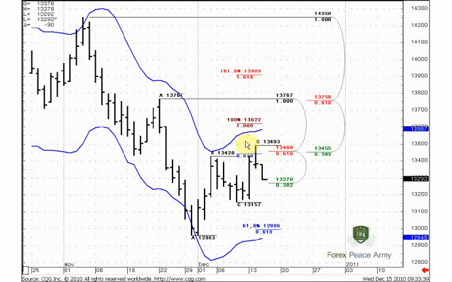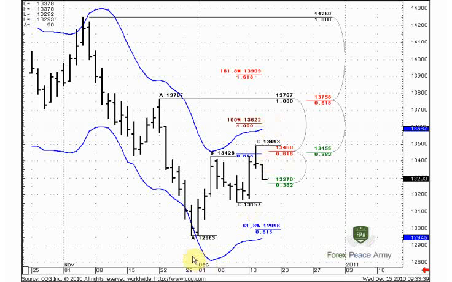First of all, this target is not logical right now because this is beyond the area of daily overbought. This blue line is the oscillator predictor, which shows us the level of overbought on the daily time frame. It's around 134.87 for today, and this target is beyond it, so it means that it's not very logical currently.